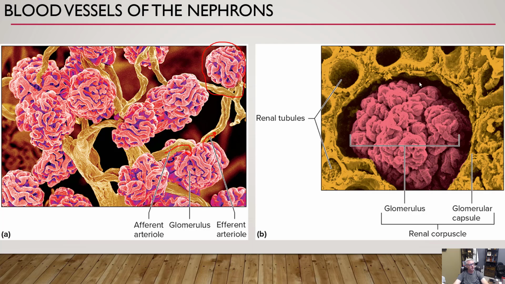And so this is just on the right-hand side, a picture of the glomerulus itself. You can see this is the glomerulus, and this is that glomerular capsule, and together they make up the renal corpuscle. So you can see the first capillary bed here, and this is like that ball and socket joint that I was talking about, even though it's not associated with the skeletal system at all.